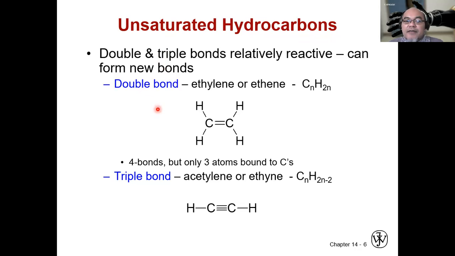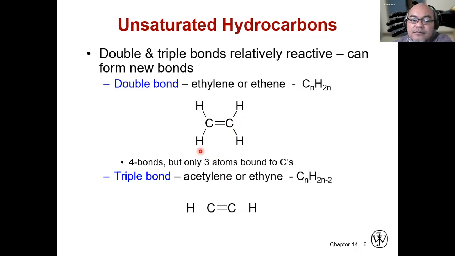So for example, here we have a double bond in ethylene or ethene with the formula of CnH2n. Yeah, like this, the double bond between the two carbon atoms. So you have 4 bonds, but only 3 atoms bound to the carbon covalently. Yeah, 1, 2, 3.